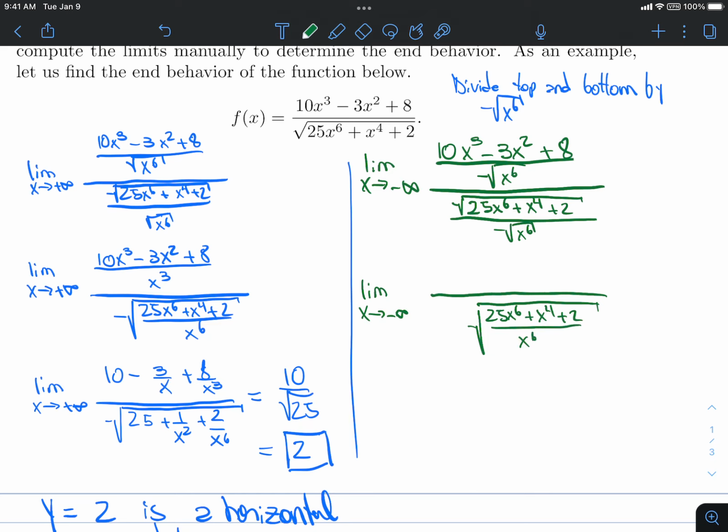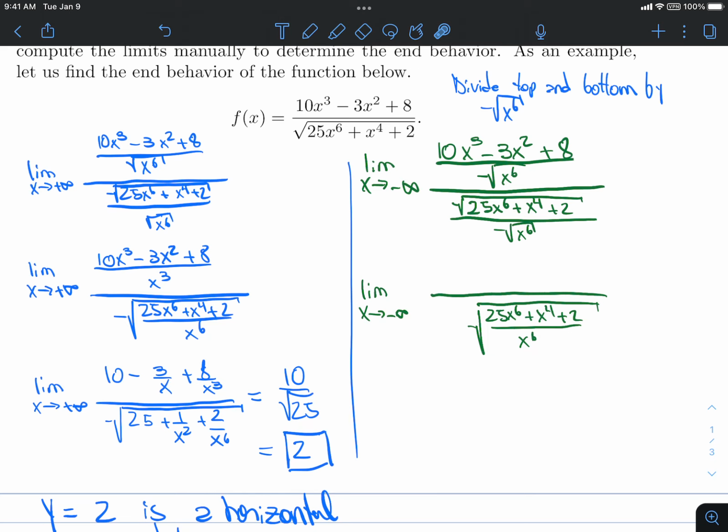So that's working the same way. But then the top, I have to be careful about something. The square root of x to the 6th will not be x cubed. It will not. Take a second to absorb that.